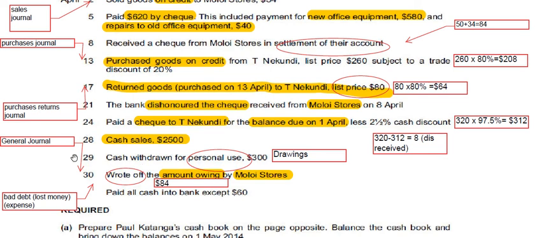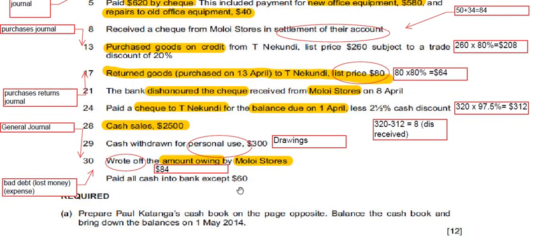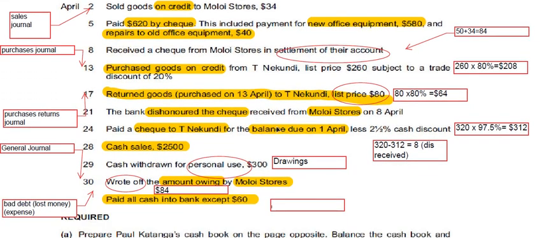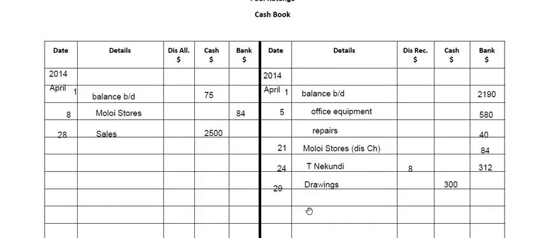Okay, the next transaction on the same day is paid all the cash into the bank except 60. This is similar to what came in question 1. So let's first make a calculation of how much cash we still have. So let's make a working here. We started off with cash. How much? Can we go up and see how much cash we had? 75. And we can look up in the cash book down also. 75 and 2,500.